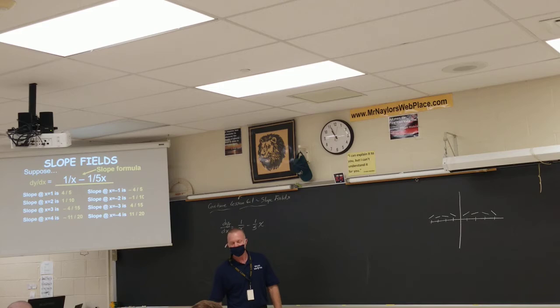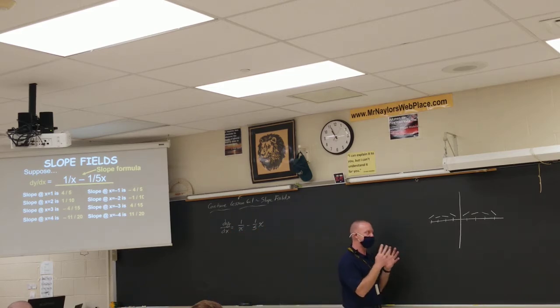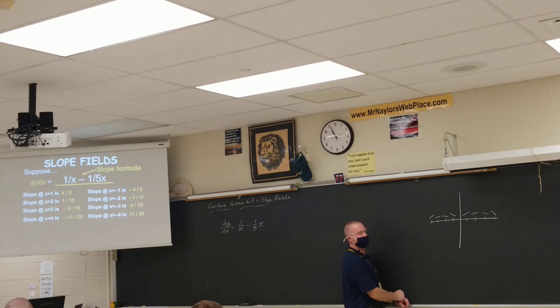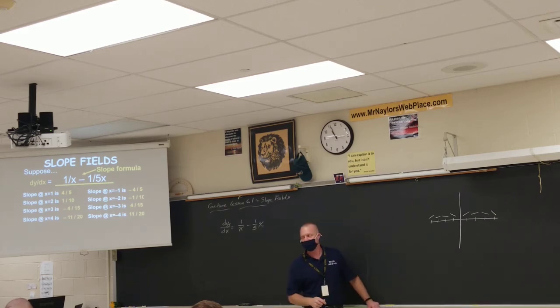Now, even if you truly don't have much of an idea of what is happening here, although I did say we're making a field of slopes, you might realize that the position of these little line segments can't be determined.